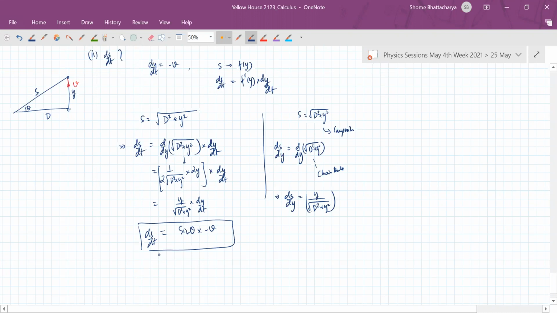So at this particular instant, it will be minus of 1.2 into sine 37. This will be the instantaneous rate.